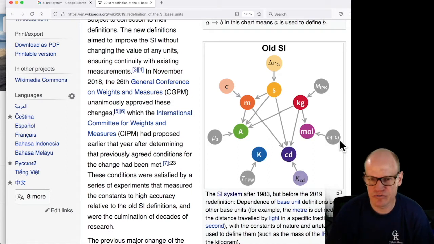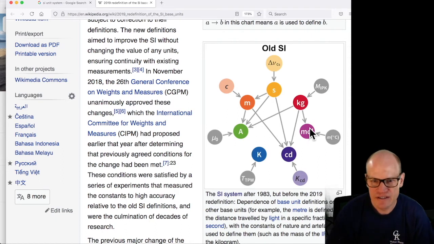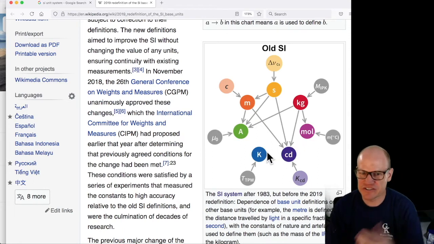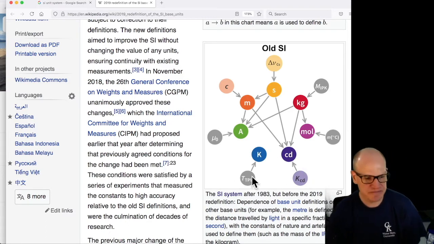You have to go from grams down to particles, and that happens through the mole. So the Kelvin, the candela, and the mole are all units in the international system that take you from the underlying physics into the realm of chemistry, biology, and thermodynamics.